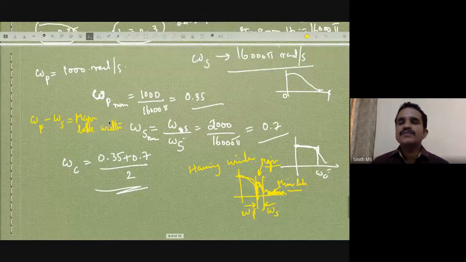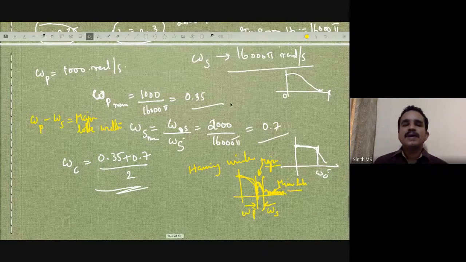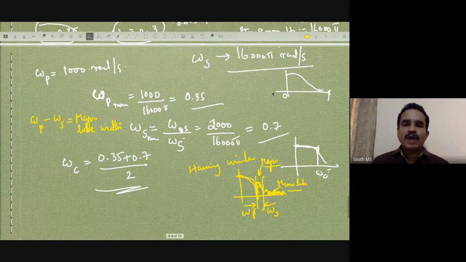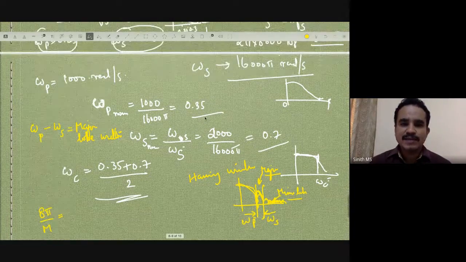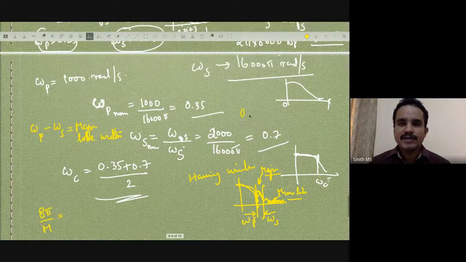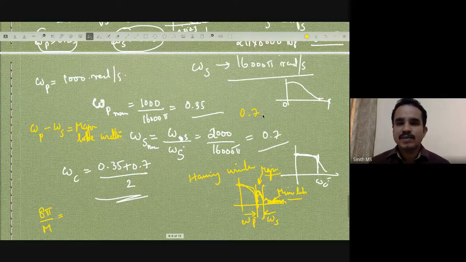For the Hamming window, it is approximately 8 pi by M. In our case, omega s minus omega p is the difference, so 0.7 minus 0.35, which is 0.35.